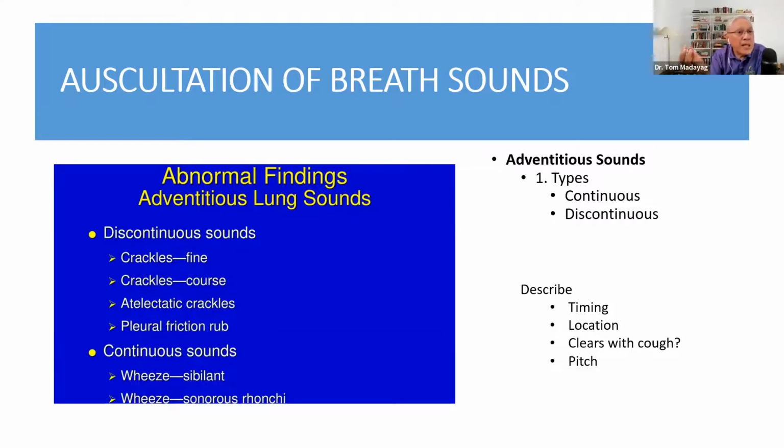But when a sound is interrupted, notice that there's a distinct pause or a distinct discontinuation of those sounds. So continuous sounds are those that are uninterrupted, and discontinuous sounds are those that are interrupted.